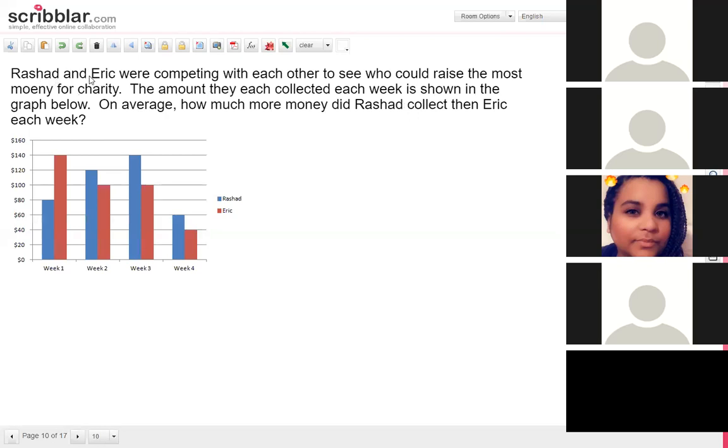So, Rashad and Eric were competing with each other to see who could raise the most money for charity. Sorry, spelled a couple things wrong. The amount they each collected each week is shown in the graph below. On average, how much more money did Rashad collect than Eric each week? So on average means to find the mean.